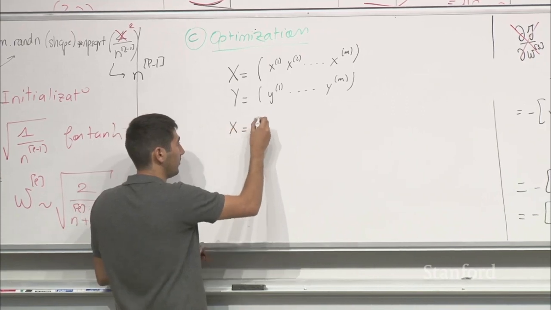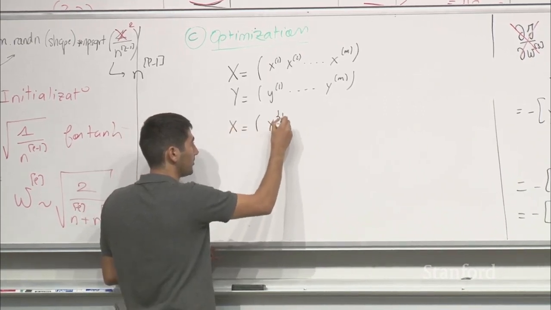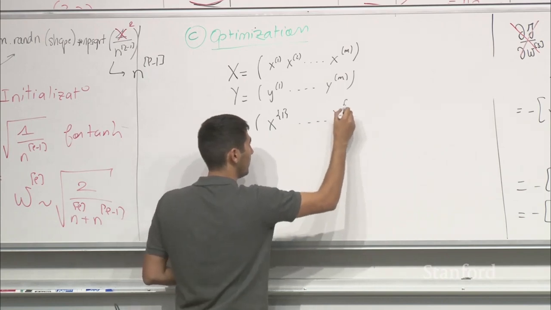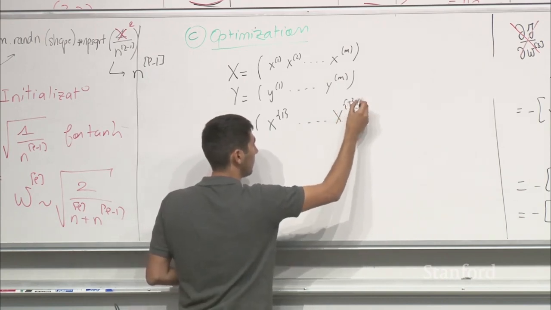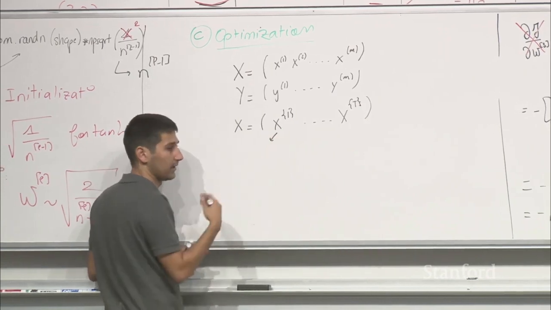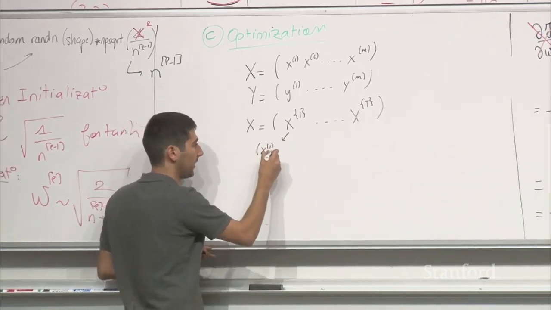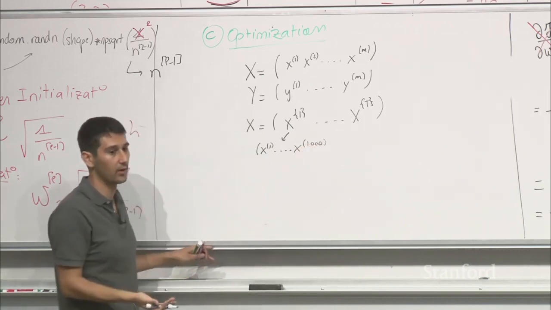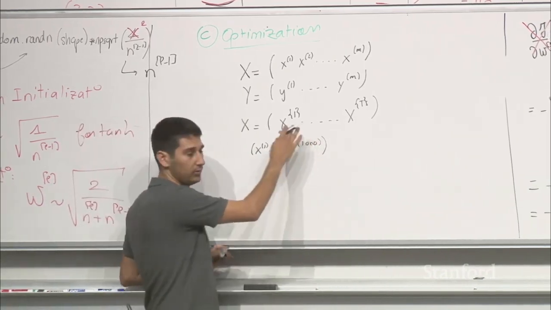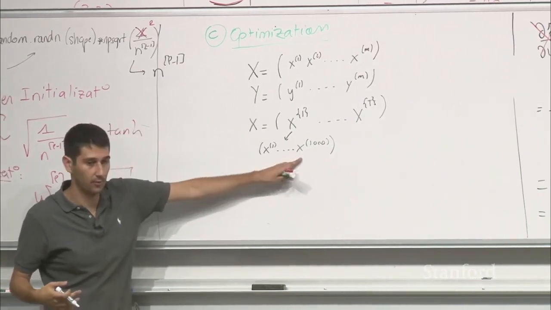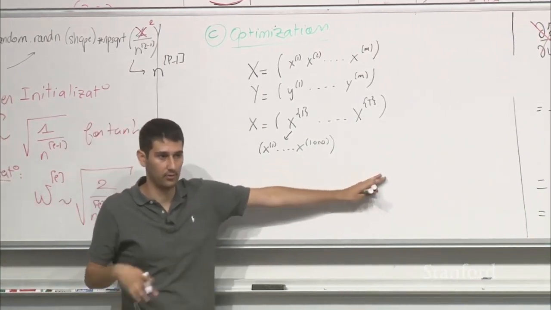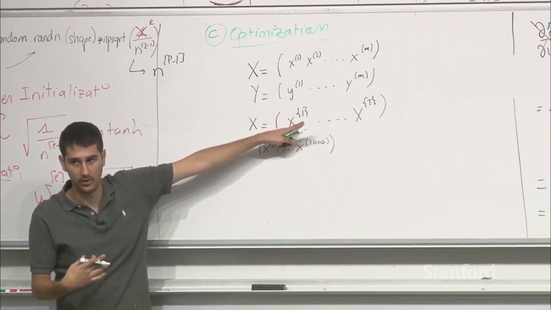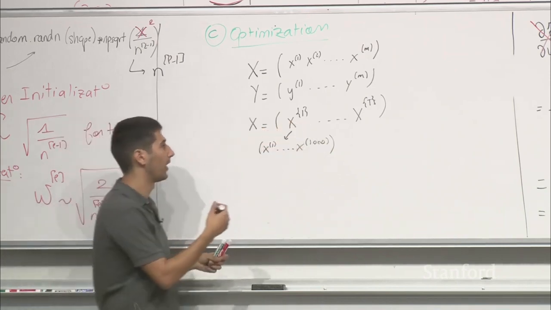I'm going to call the first batch X{1} until X{T}. X{1} can contain x1 until x1000, assuming it's a batch of 1,000 examples. X{2} then will contain x1001 until x2000, and so on. This is the notation for the batch when I use curly brackets. Same for Y.